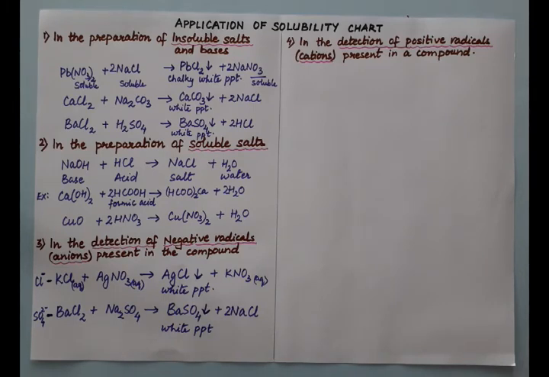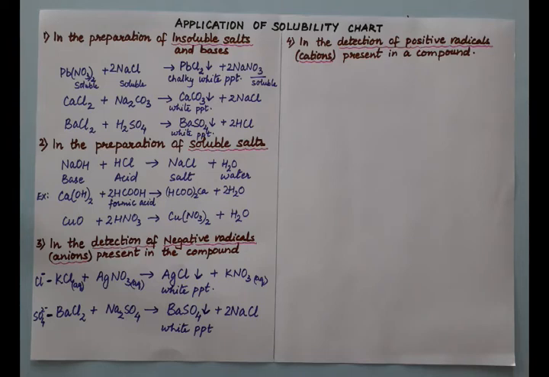Right, so by this method also we can detect negative radicals. Now next is the detection of positive radicals, that is cations. So how to detect cations in a given compound? Sodium hydroxide is generally used to detect metallic radicals, like calcium, copper, ferrous, ferric, zinc, lead, ammonium radical, all this.